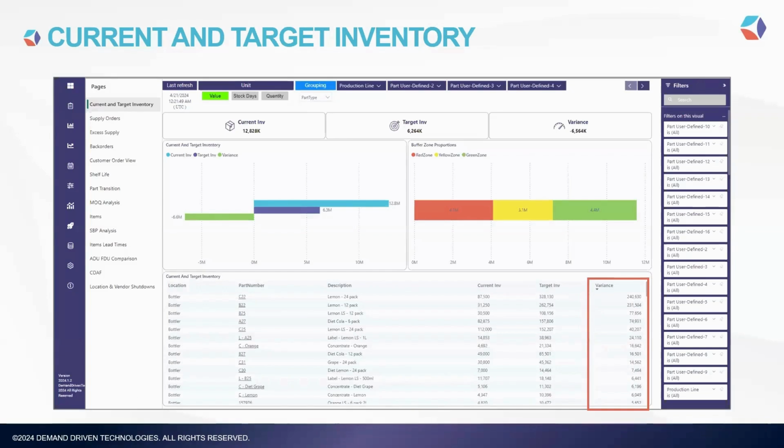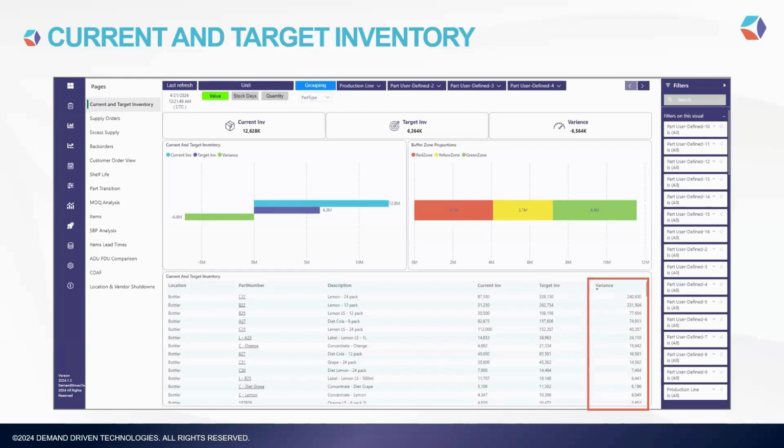Now, one thing I want to point out is you can choose your unit. You can choose to look at this by value, by your stock days, by your quantity. Sometimes it shows up in quantity and people think it's in value. So if your numbers seem a little bit off, be sure to check your unit there.